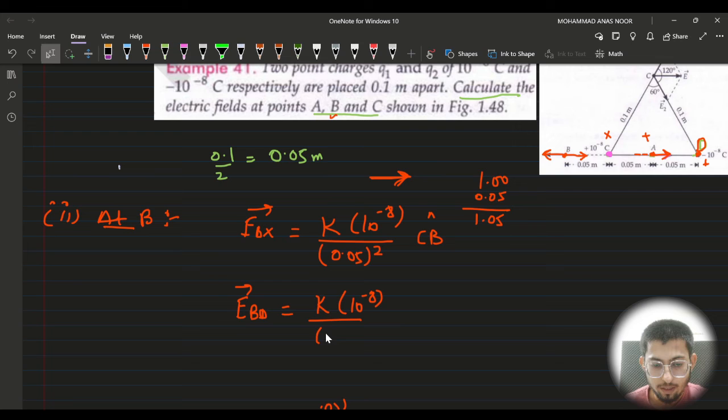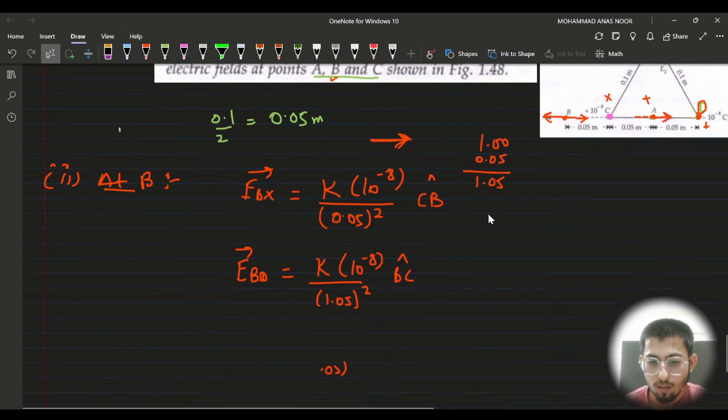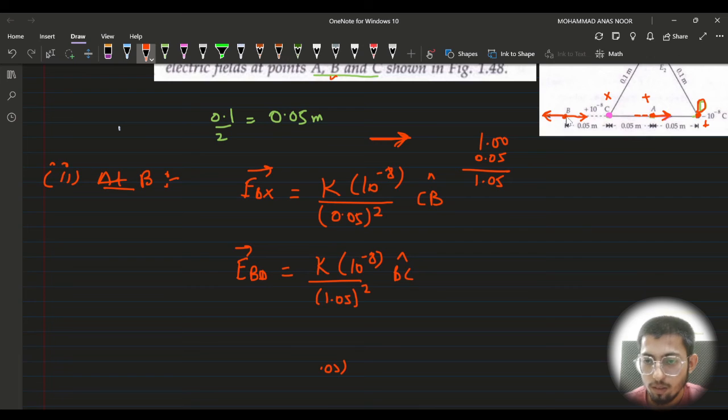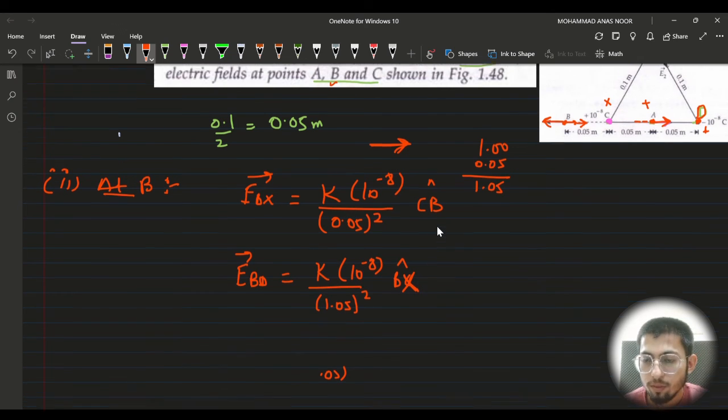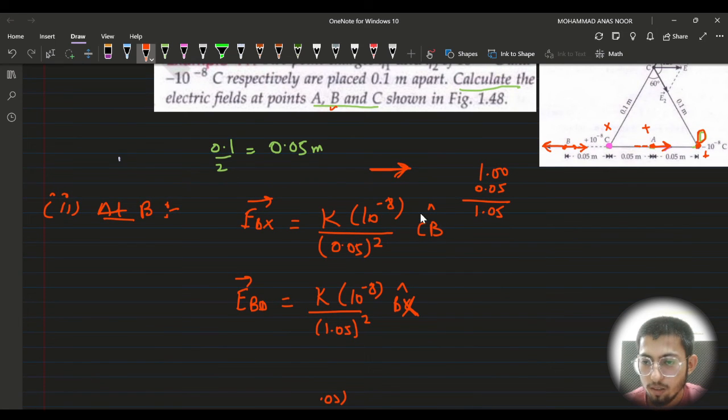So let's write it 1.05 square, and this direction is, you can say, BC unit vector.